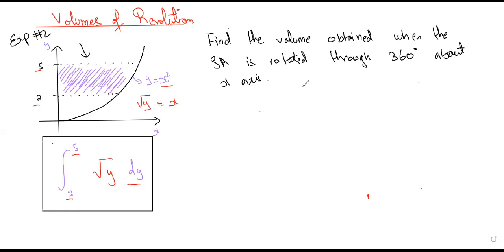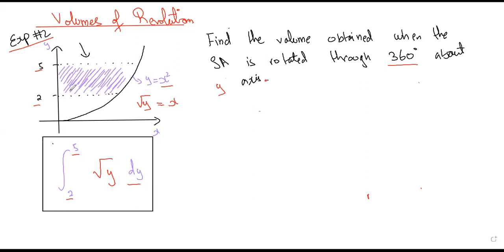Find the volume obtained when the shaded area, I'm sorry, is rotated through 360 degrees about the x-axis. Okay. So this should be y-axis. This is the example that we need to do. We did one example yesterday as well that was about rotating the area about x-axis.